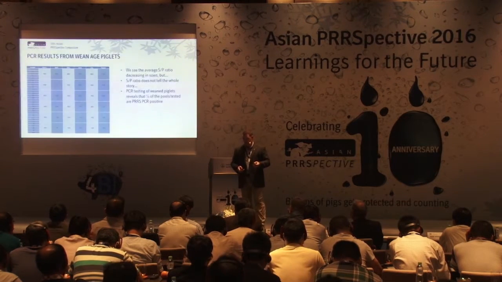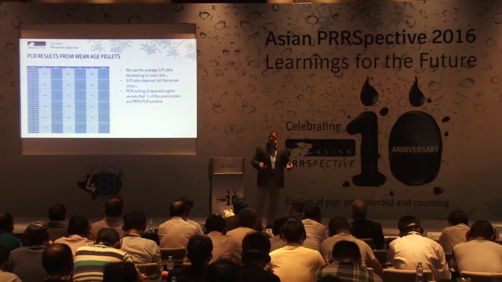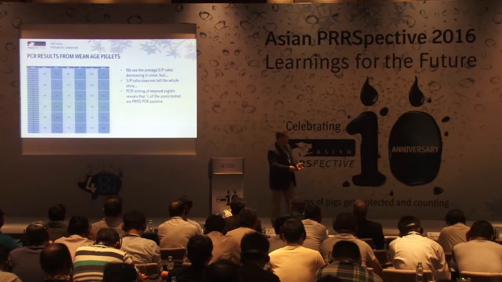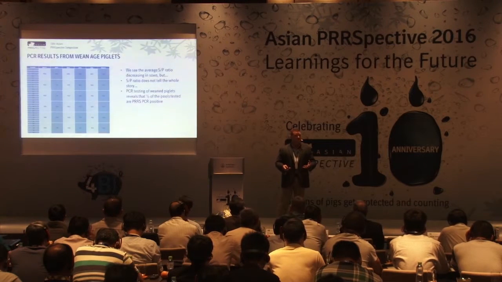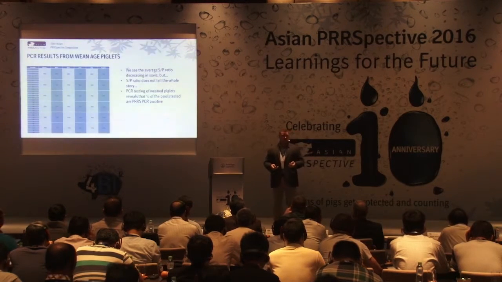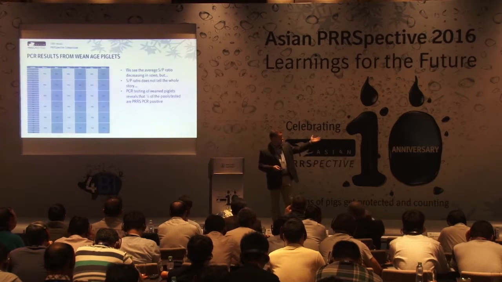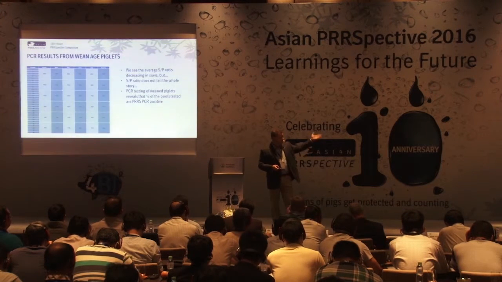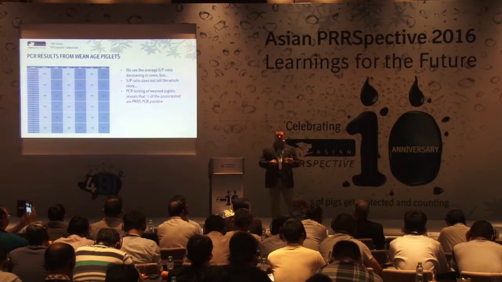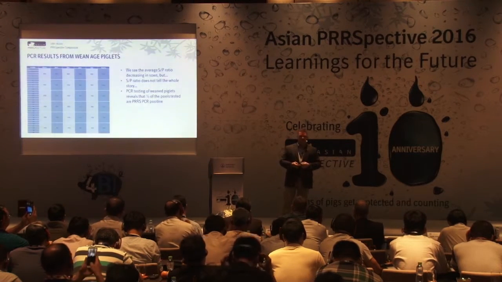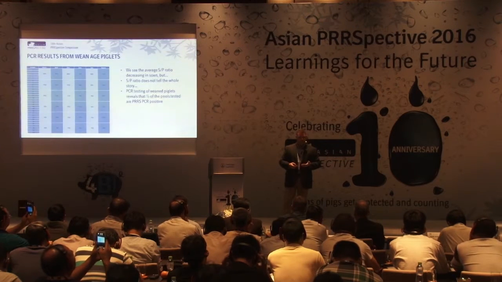Okay. These results tell me that I'm still circulating PRRS virus. Now I need to go to the farm and figure out why. If I would expect that these should be PCR negative by now, I need to go to the farm and find out what's going on. Why am I still circulating PRRS virus out here?